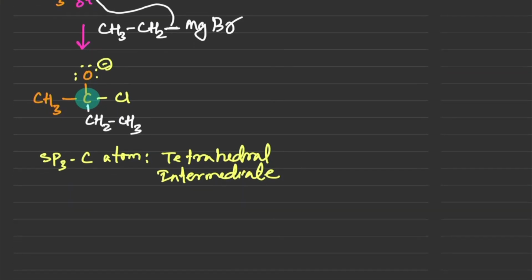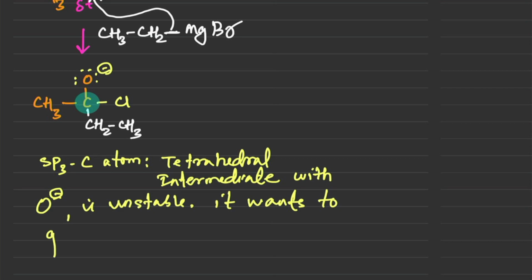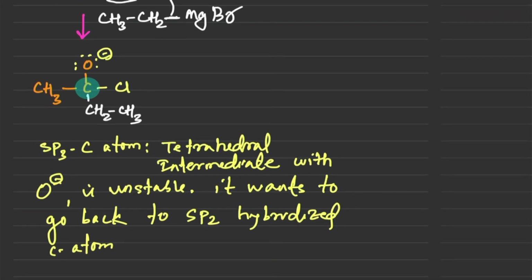The tetrahedral intermediate with O minus right here is unstable, and it wants to go back to an sp2 hybridized carbon atom by removing a group.